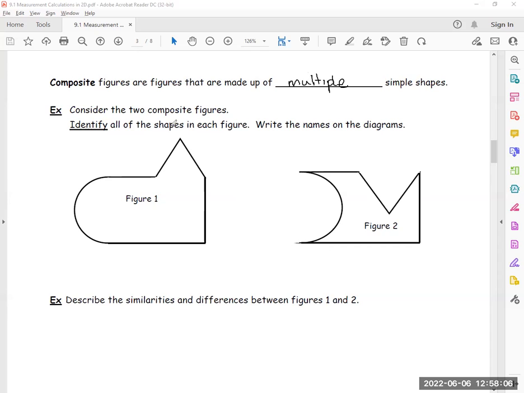Here's an example. What shapes are present in the left shape? Simple ones. Michael? Where? At the top? Good. If this was a piece of paper, you could take scissors, chop that part off, and you have a nice, what it looks like, an equilateral triangle. Another person, please. Right on.